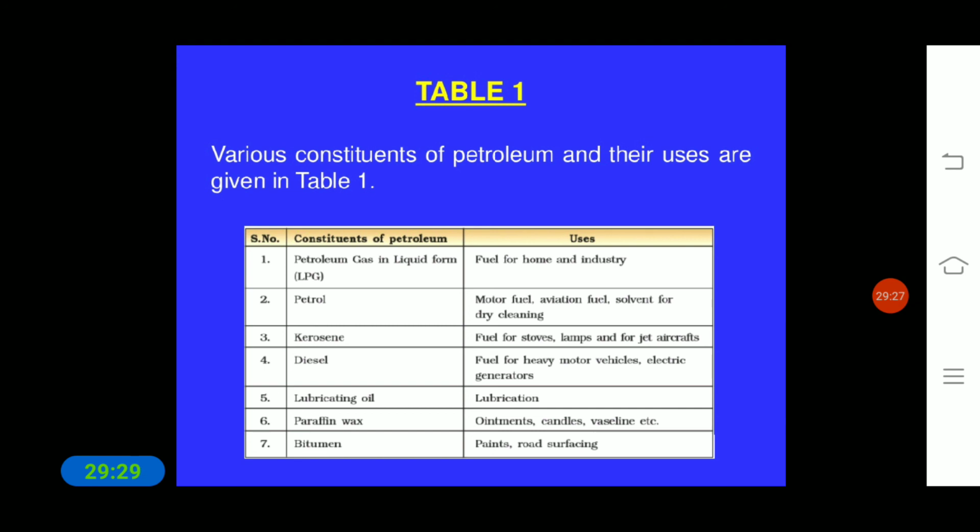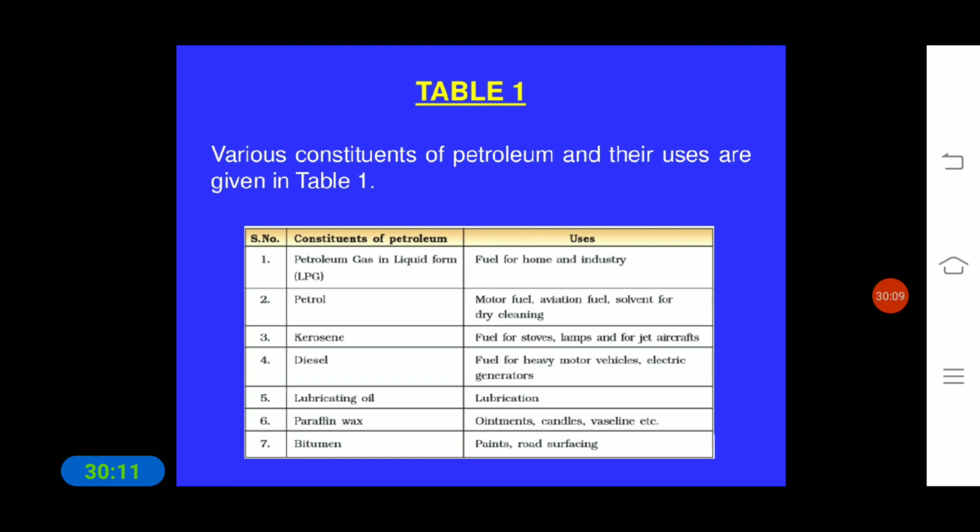Diesel is used for heavy motor vehicles and electrical generation. Lubricating oil is used for lubrication. Paraffin wax is used for ointments, candles and vaseline, etc. Bitumen is used for paints and road surfacing. In place of coal tar, nowadays bitumen is used for road surfacing.